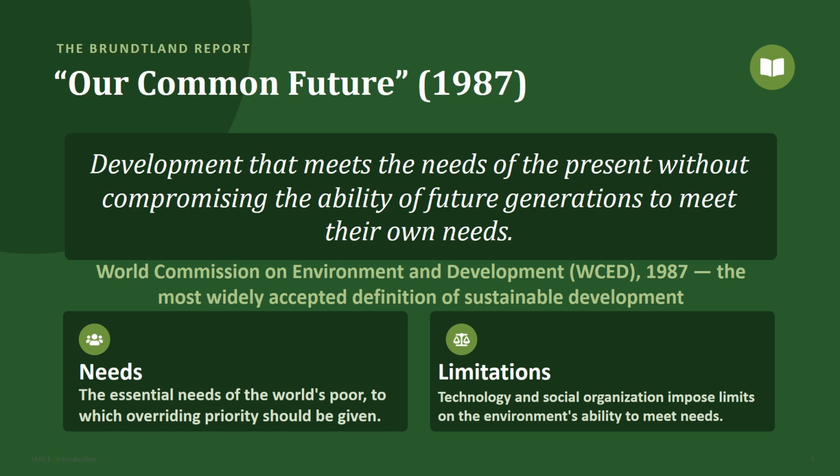We have the needs, especially the essential needs of the world's poor, to which overriding priority should be given, and limitations. Technology and social organization impose limits on the environment's ability to meet needs.